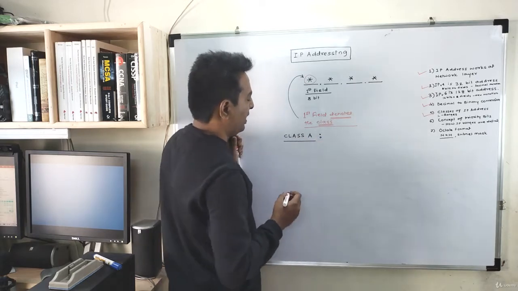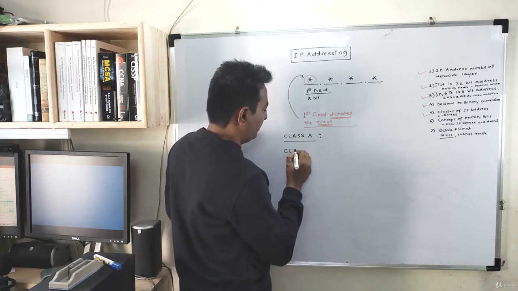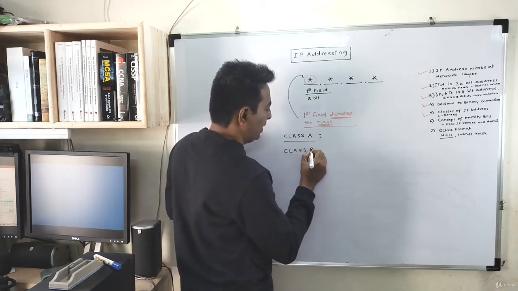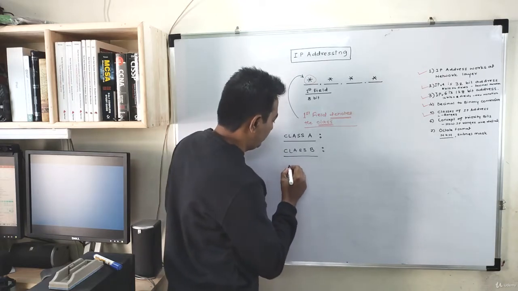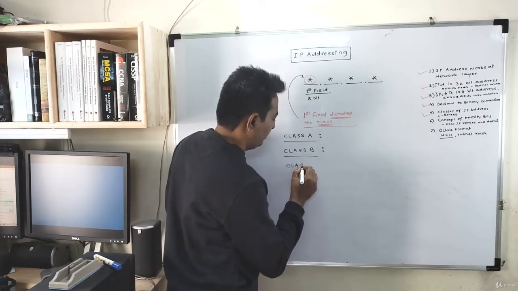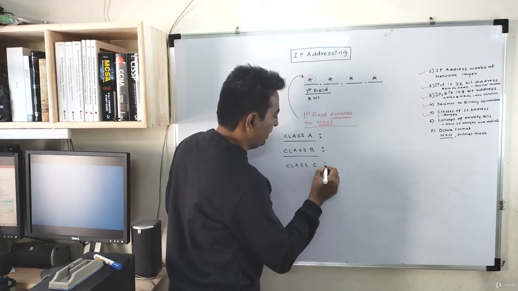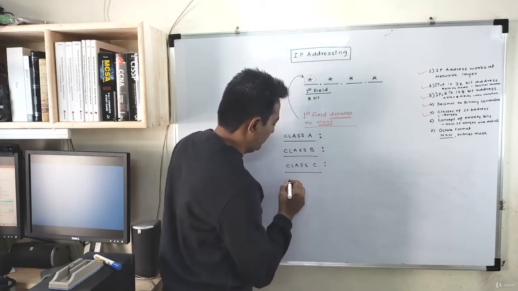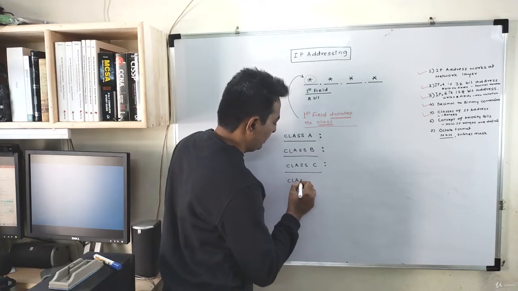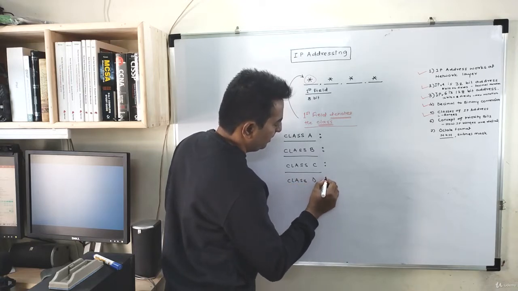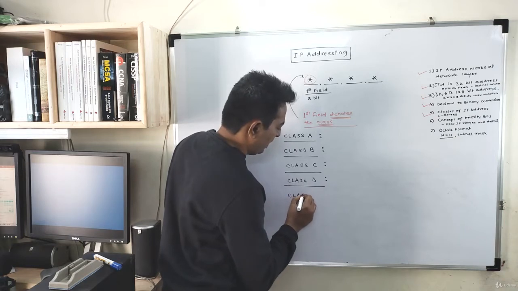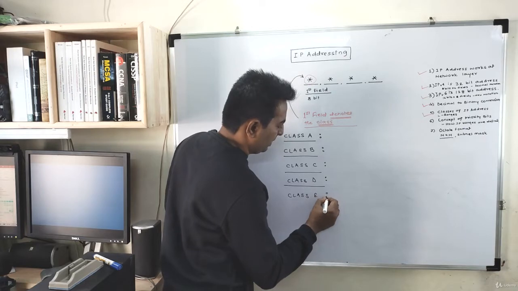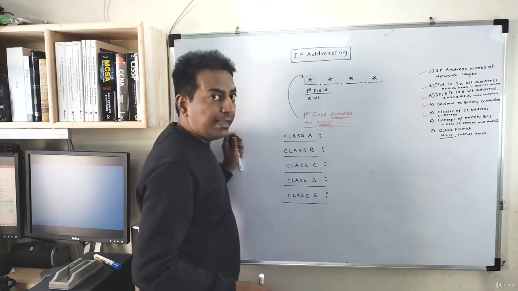Class A, then class B, then class C, then class D, and finally the last class of the IP address is class E.